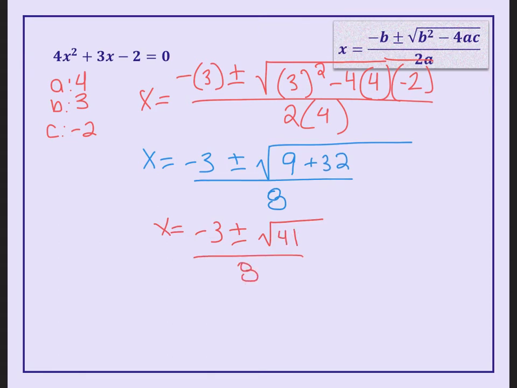Can I simplify 41? Are there any numbers that go into 41 that I can take the square root of? No, because 41 is a prime number. I cannot even divide these, so I'm actually done with this problem. So if you cannot simplify your radical and you cannot divide by this on either term, then this is your final answer. This is your most reduced answer.